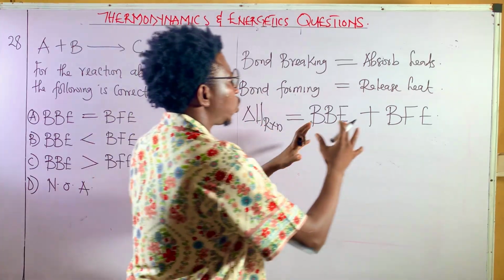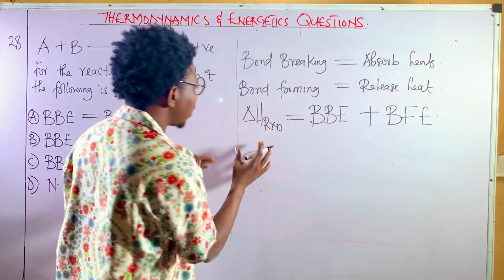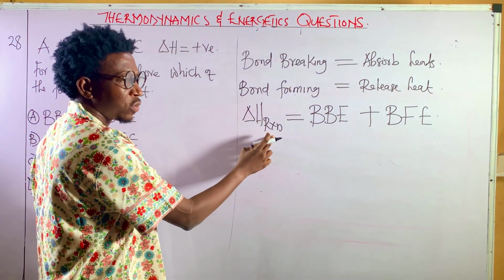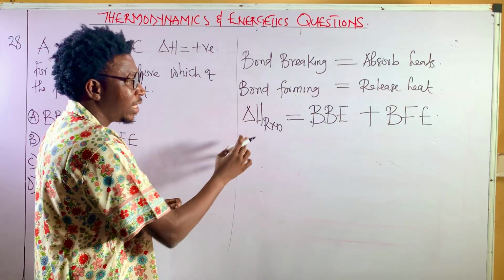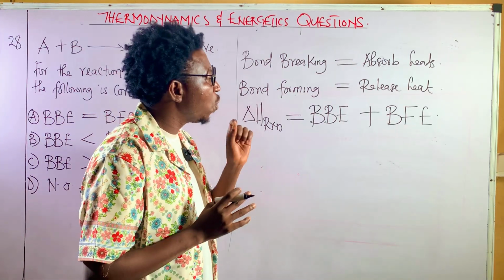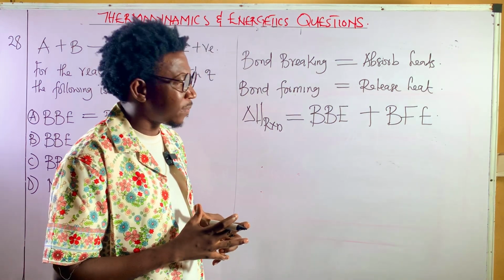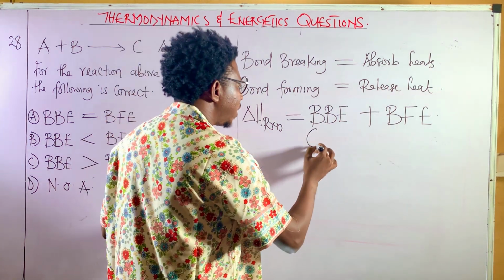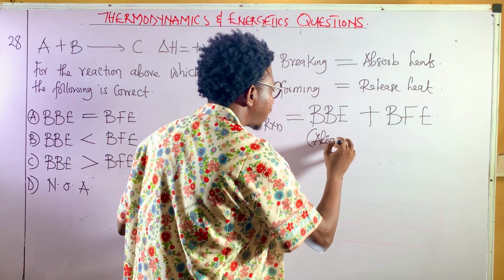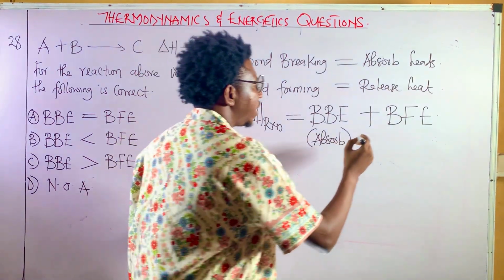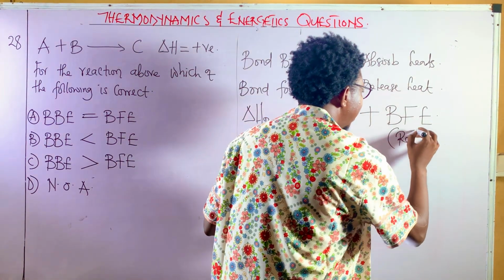These two together will give us the heat of reaction. The sign of this heat is dependent on which of these is higher. Now recall that this usually absorbs heat, and this usually releases heat.